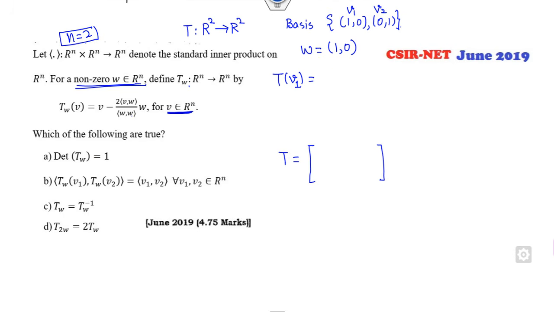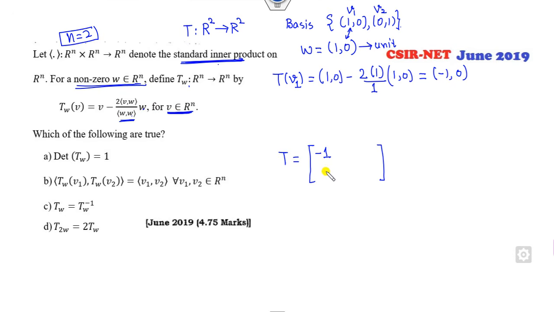So what is T of V1? It's very simple: (1, 0) minus 2 times the inner product of this. That is the standard inner product, which means the dot product. What is the dot product of this and this? 1 divided by the length of this, because it's a unit vector so the length is 1, times W. W is 1, so the right answer is (-1, 0).